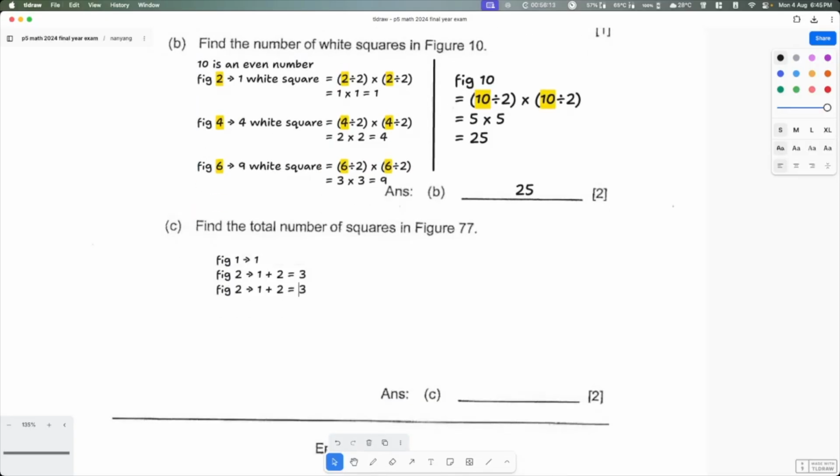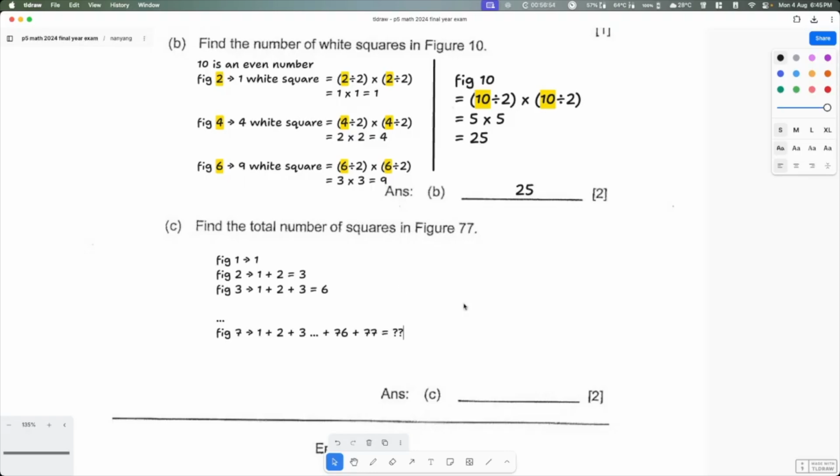Figure 3 is 1 plus 2 plus 3, which is 6. So that means for figure 77, it is equal to 1 plus 2 plus everything, up to 76 plus 77, which is equal to, we don't know.